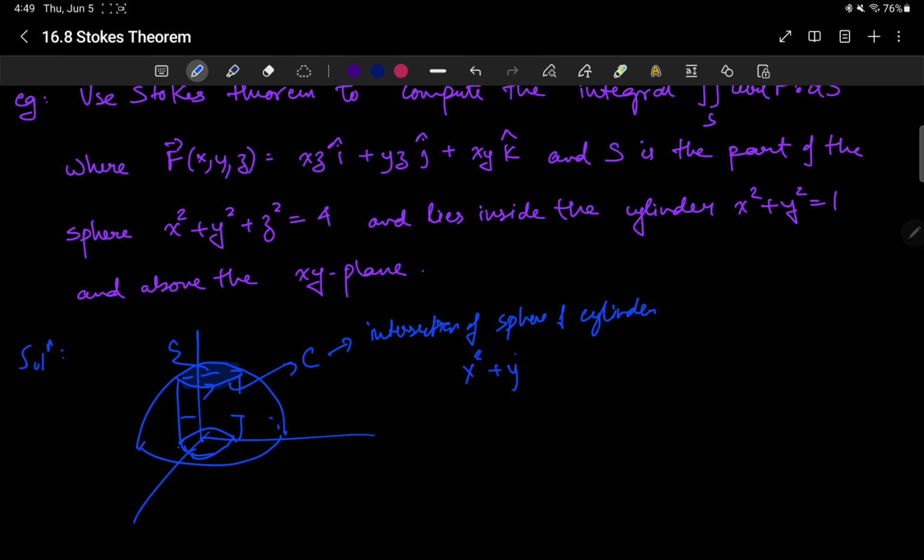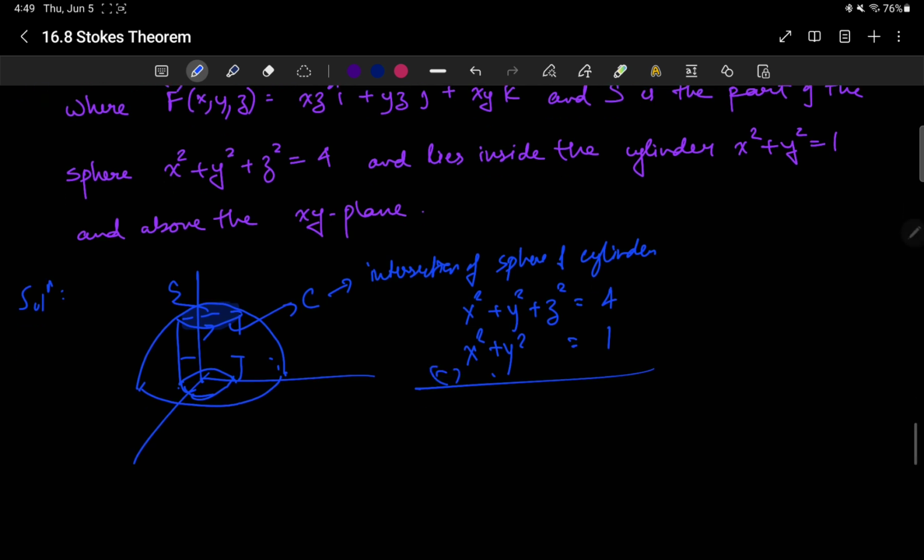You've learned in solving nonlinear equations that one of the methods is elimination. So I subtract to get z squared is 3, which gives me z is root 3 and negative root 3, which we will avoid because we're talking about things that are above the xy plane. So I have z equals root 3.